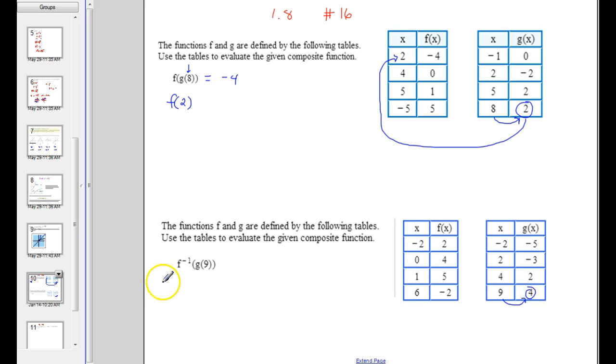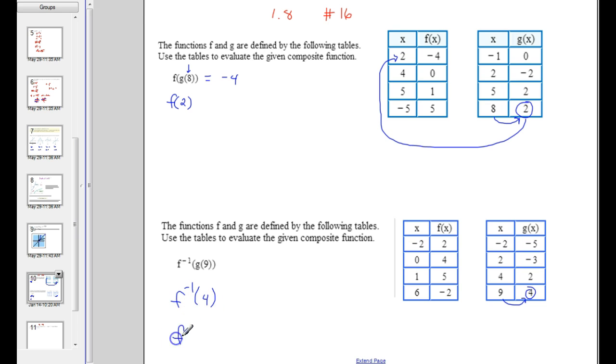Okay, so now this is f inverse, not f of 4, but f inverse of 4. Now, remember what f inverse of 4 means. If you plug the number into the f function, you get 4 out.